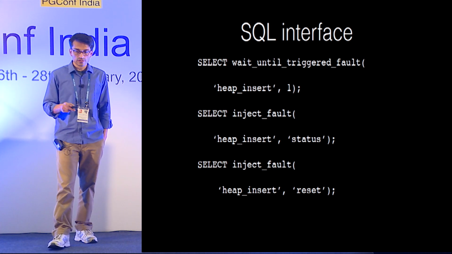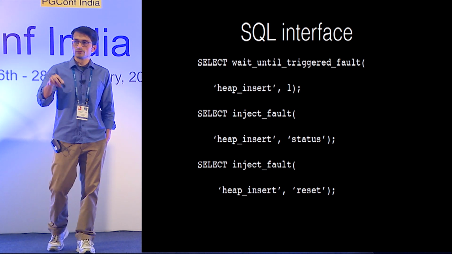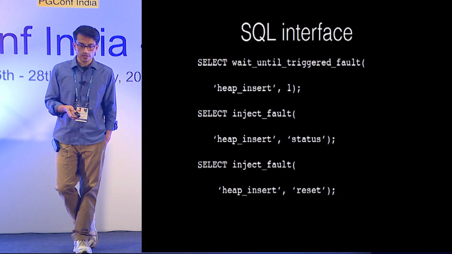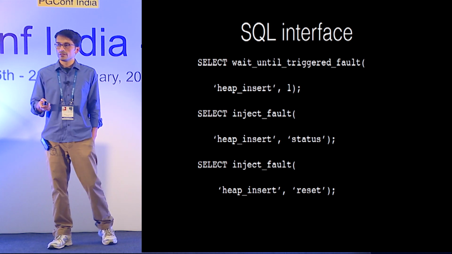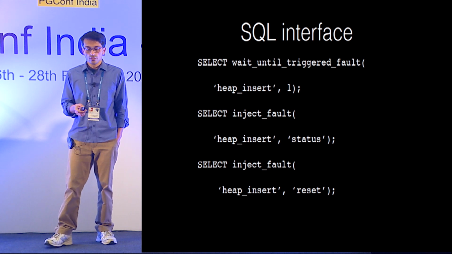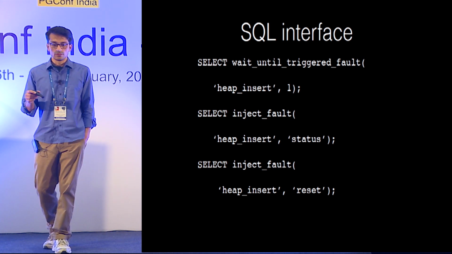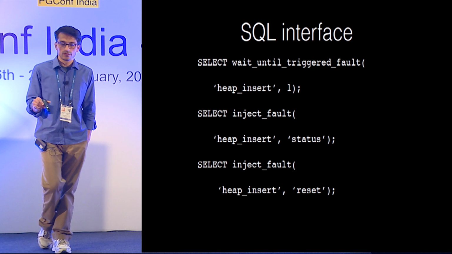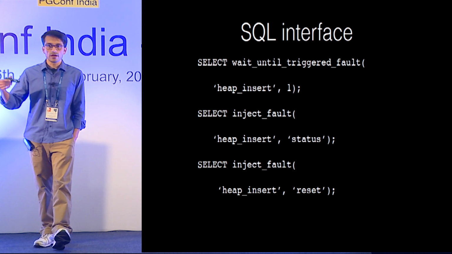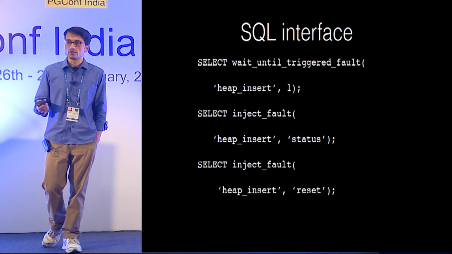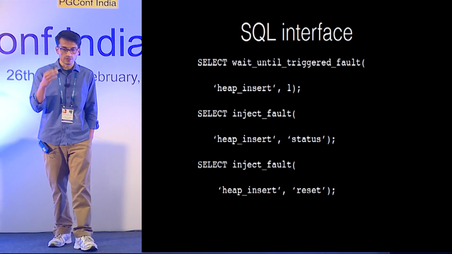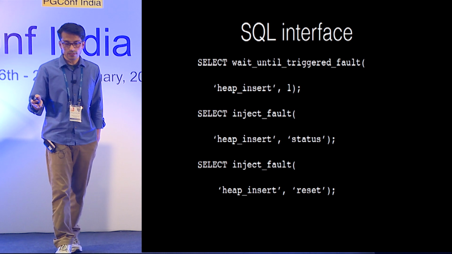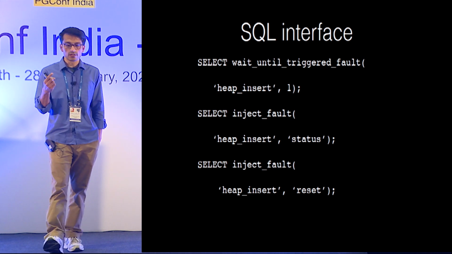So going back to the heap insert fault, a few more interfaces that we have is wait until triggered fault. This is also an interface provided by the extension, which means that the test will block at this statement until some backend process executes heap insert fault, and that gets triggered exactly one time.